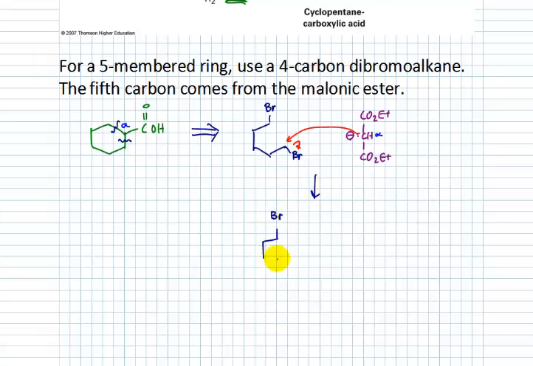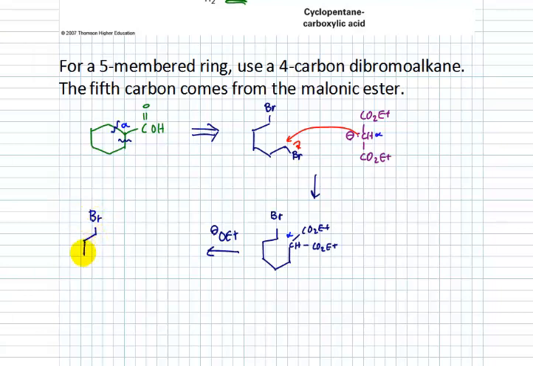The other bromine is still intact, but we've now made a new carbon-carbon bond, which will be CH, CO2Et, CO2Et. Deprotonating that again, OEt minus takes off the remaining alpha hydrogen.